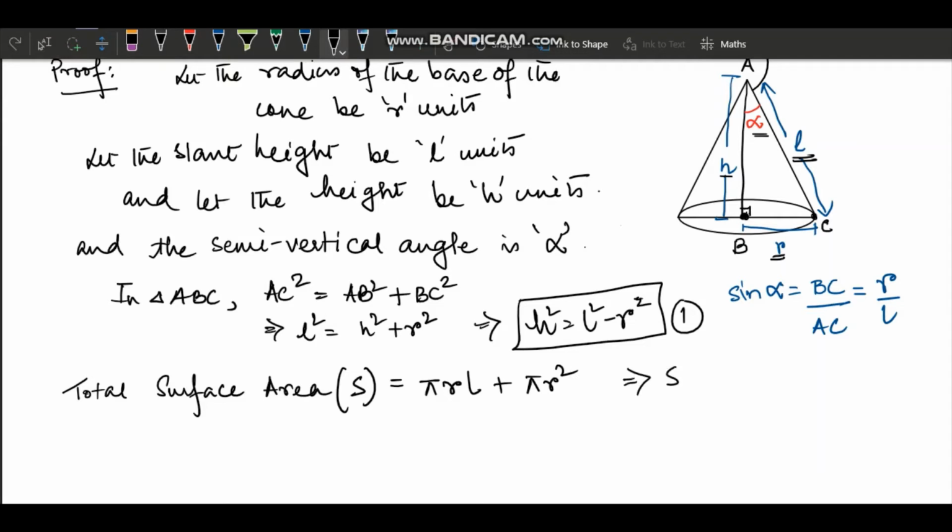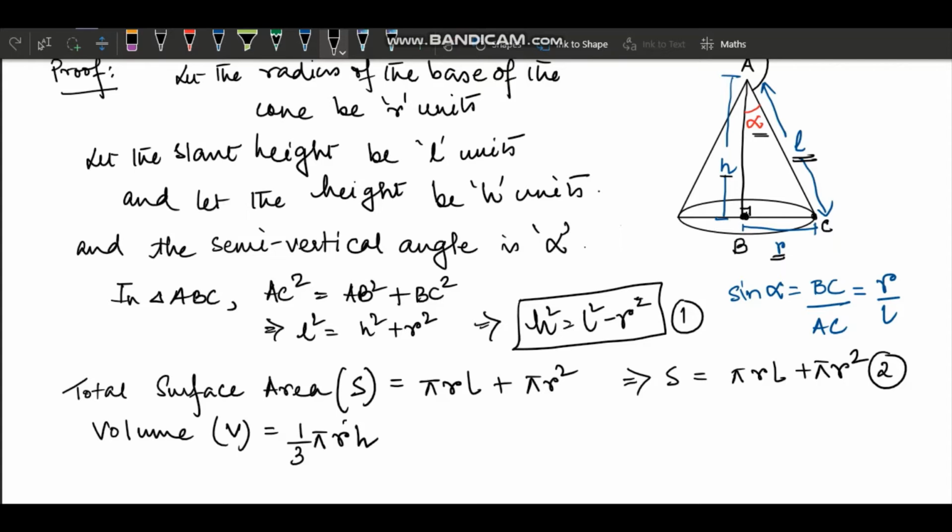So we can write S as pi r L plus pi r square. Let this be 2. And what is the volume of the cone? Volume, which can be denoted by V, is 1/3 pi r square h. So keep in mind that this is the thing which has to be maximized. The volume of the cone has to be maximized.